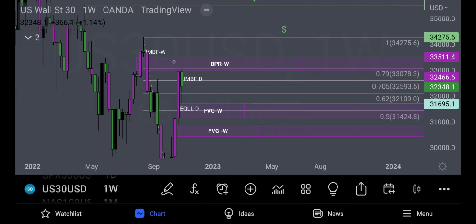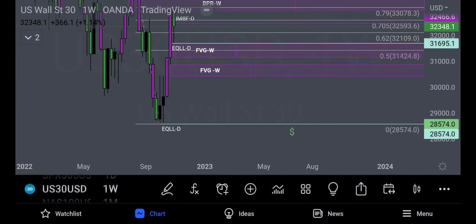Now, once imbalance or fair value gaps have been mitigated or filled completely, we can now start to look for liquidity on the opposite side being taken. So I think that the liquidity here on the weekly will be our target.